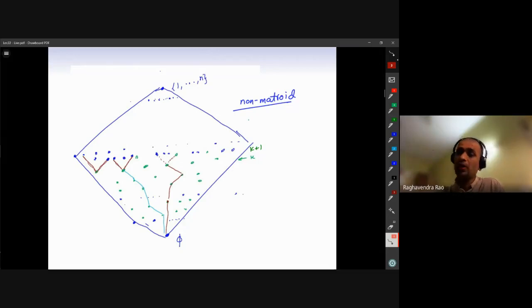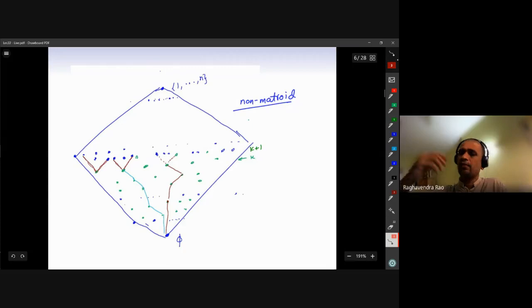Then you are ensured that there is always a greedy algorithm, which is basically tracing a path from the empty set. You just keep growing sets in a greedy fashion, where greedy means whichever fits the best. You are guaranteed that you will not stop until you obtain the optimal solution.